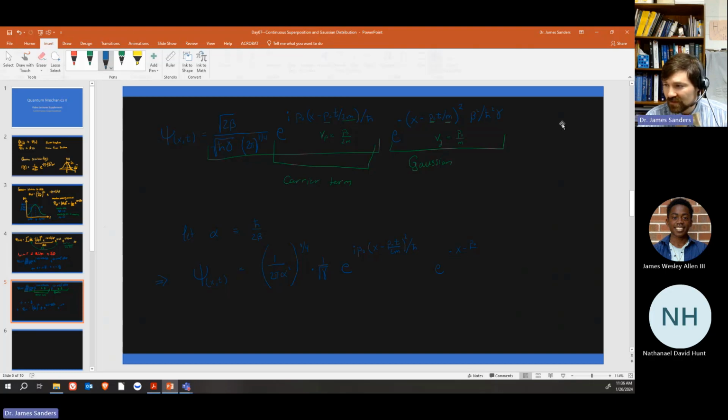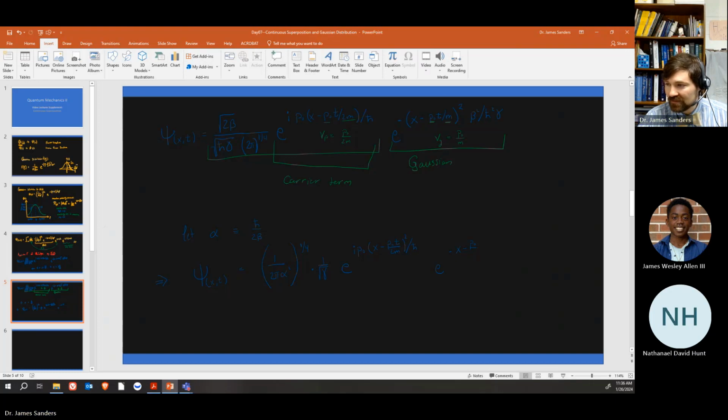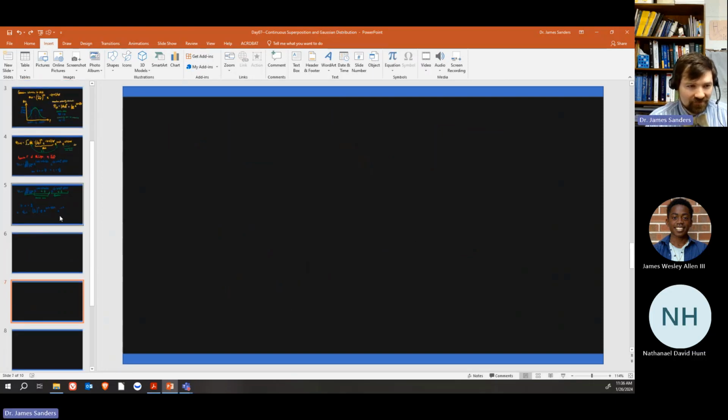I'm sorry, this term is not squared. p naught over m times t. This term does have to be squared, though, for it to be Gaussian. Divided by 4 alpha squared gamma.